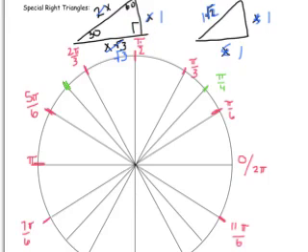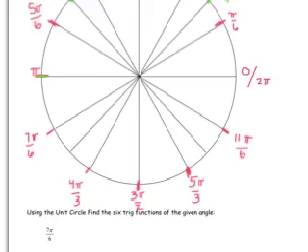So this is 3 pi over 4. This is 4 pi over 4, which is still pi. This is 5 pi over 4. This is 6 pi over 4. And this is 7 pi over 4. And this is 8 pi over 4, which is still 2 pi. Okay, all of that should be really review.